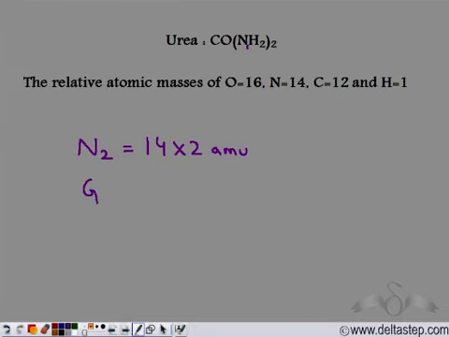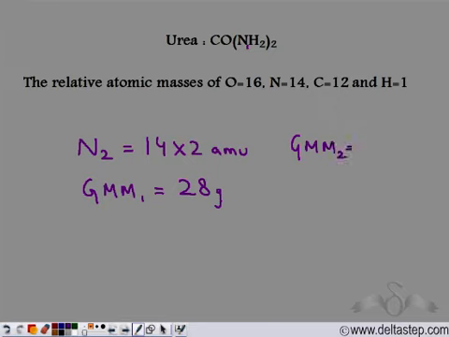And the gram molecular mass of nitrogen becomes 28 grams. So this is the entire amount of nitrogen which is present in urea. Now let's calculate the gram molecular mass of urea itself.